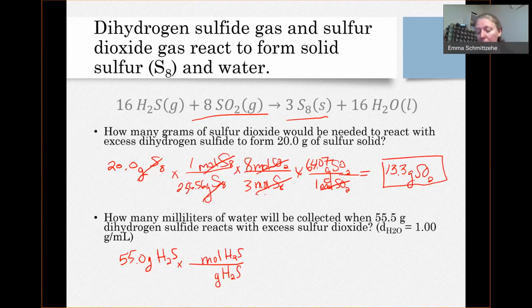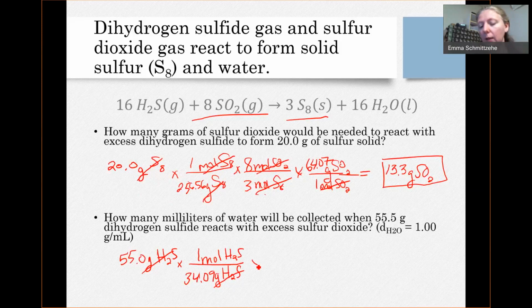So I'm going to add up 2 times hydrogen's molar mass, so 2 times 1.01, plus sulfur, which is 32.07, and that gives me 34.09 grams per 1 mole. Okay, so that cancels my grams and gives me moles, which is supposed to be a 1 there.